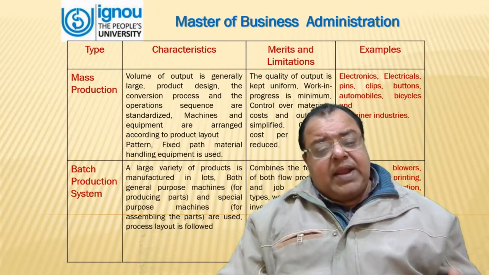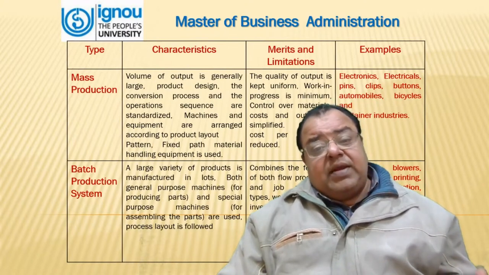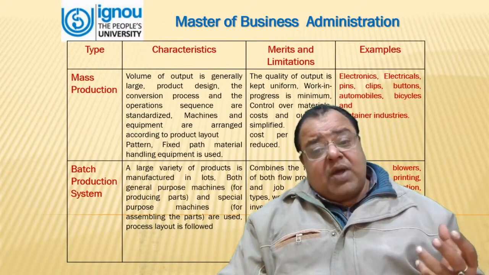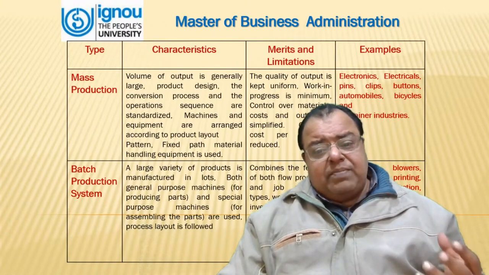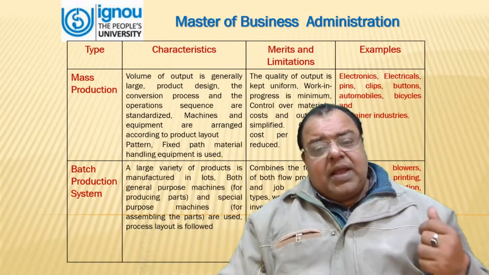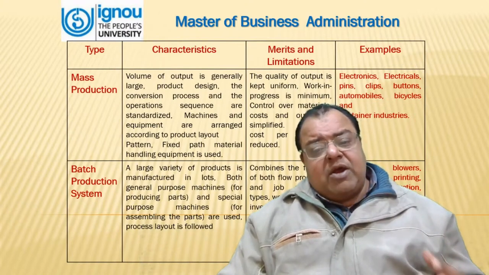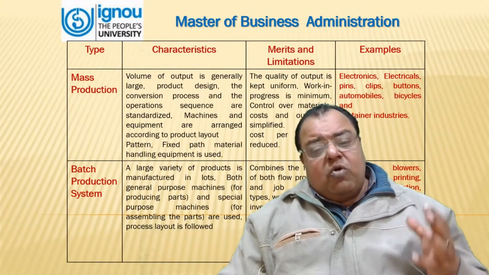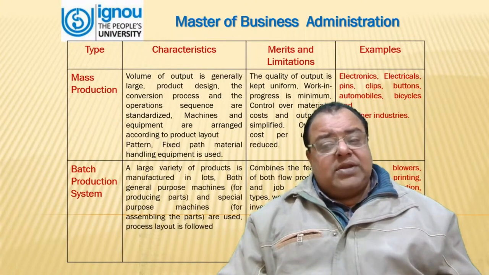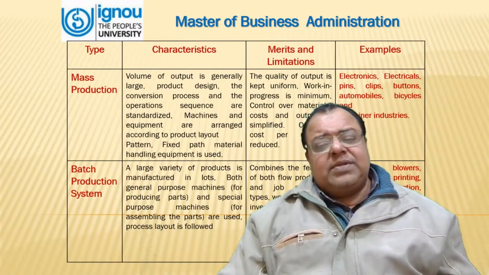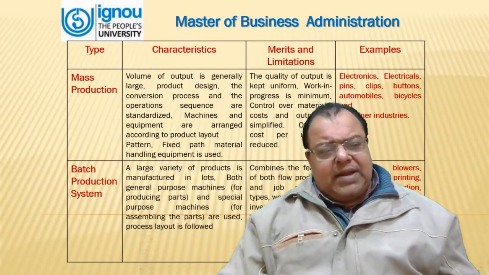Fixed path material handling equipment is used. The merit is the quality of output is kept uniform. Work in progress is minimum. Control over material cost and output is simplified, and overhead cost per unit is reduced. Examples are electronics, electrical pins, clips, bicycles, and container industry.